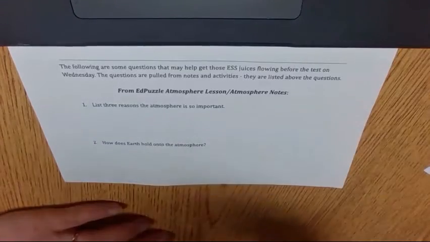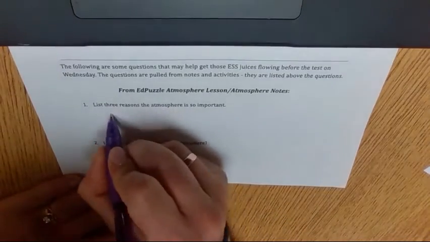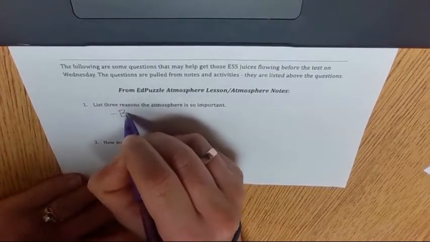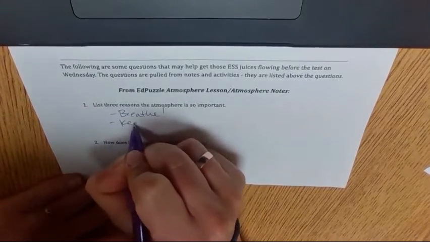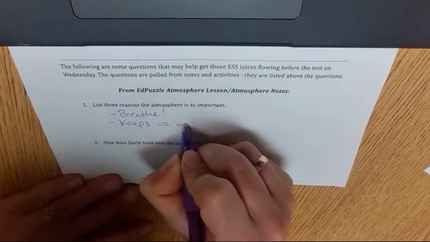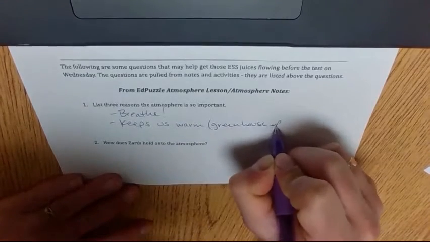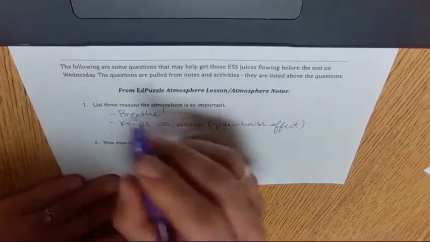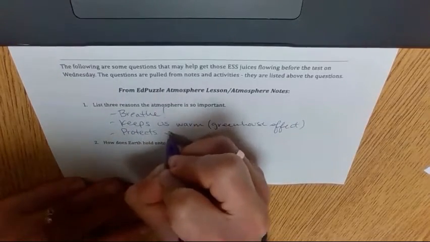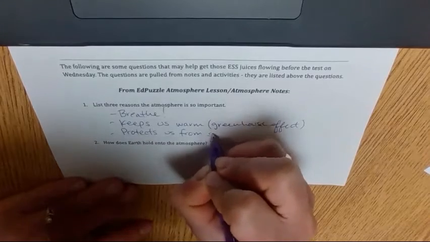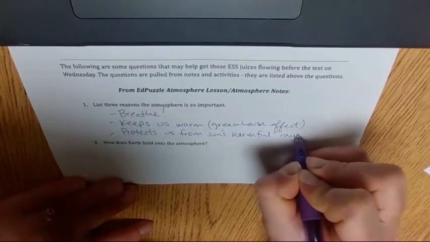So this is going all the way back to learning about the atmosphere. Three reasons the atmosphere is so important. First, it gives us air to breathe. It helps to keep us warm, and we know that because of the greenhouse effect. And we also know that the atmosphere protects us from the sun's harmful rays.